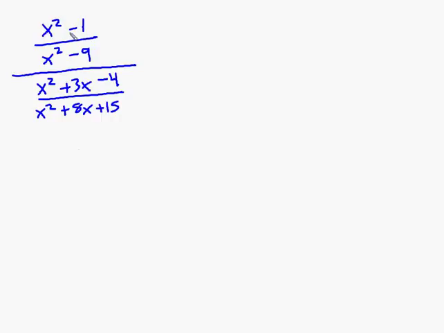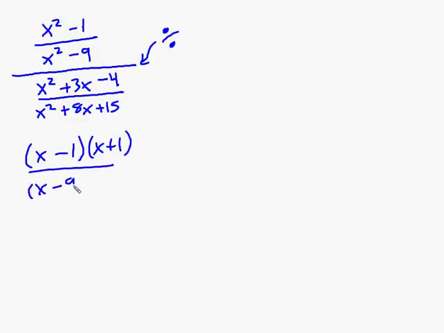Okay, I'm going to factor. See, this means to do what? Divide. So, I'm going to factor my first fraction. Factor my second fraction. Got to do it properly, though.